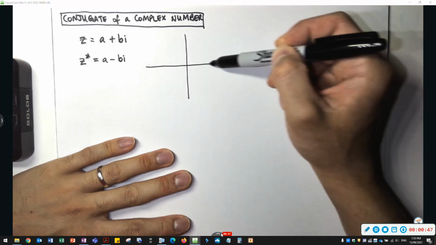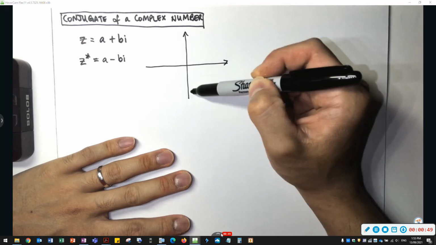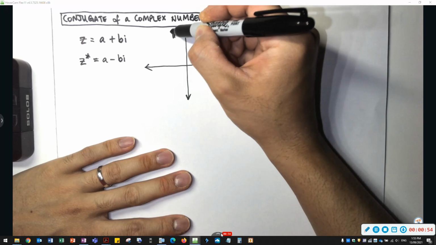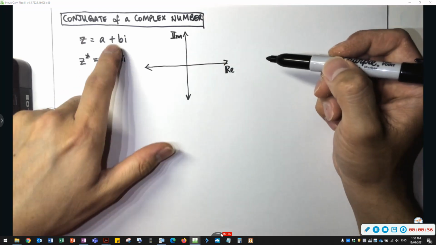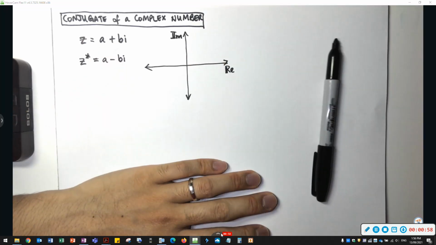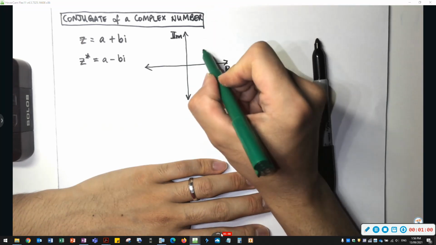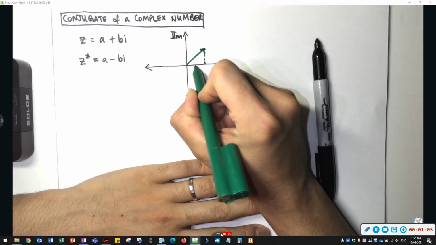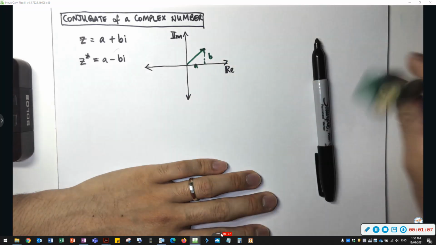Sorry, what it looks like on the complex plane. Okay, so this is the real part and this is the imaginary part. So a plus bi, let's just draw it in this first quadrant right there. Okay, so this is a, this is b.